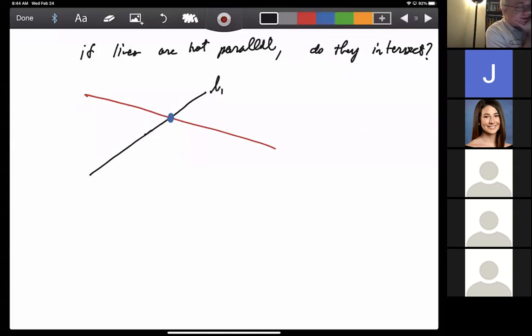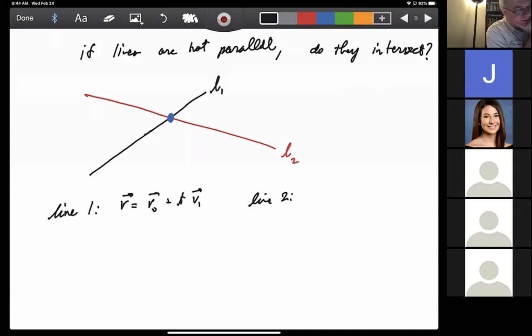So here's line 1, here's line 2, and we could say that line 1, we have R equals R0 plus T V0.